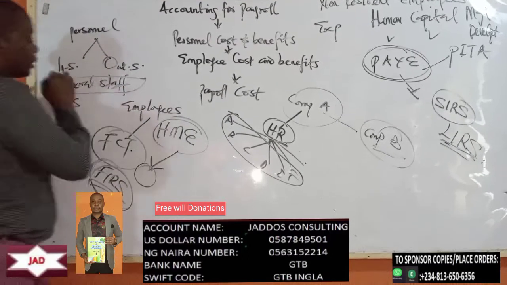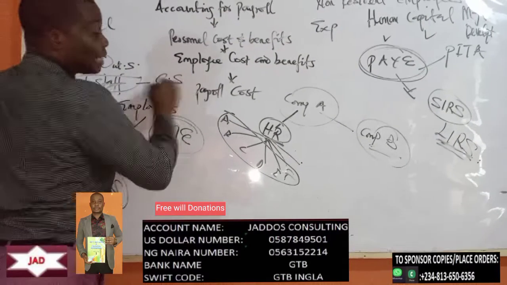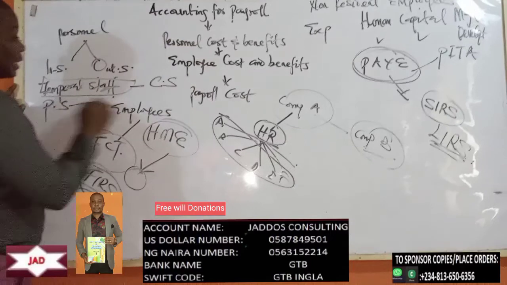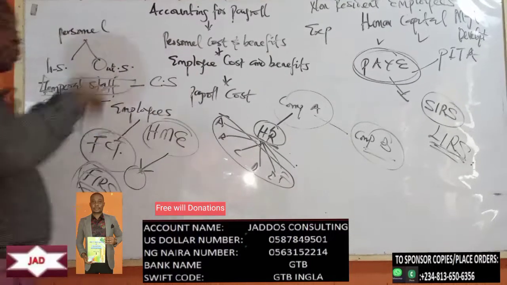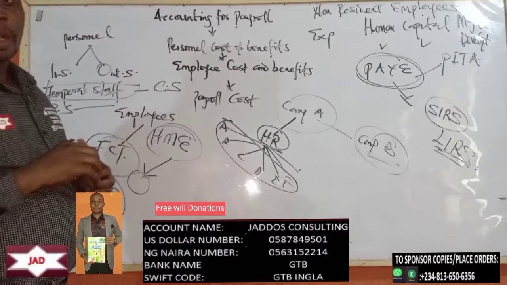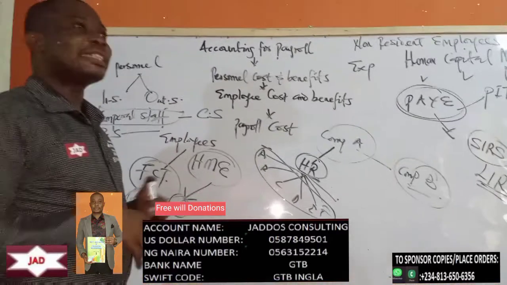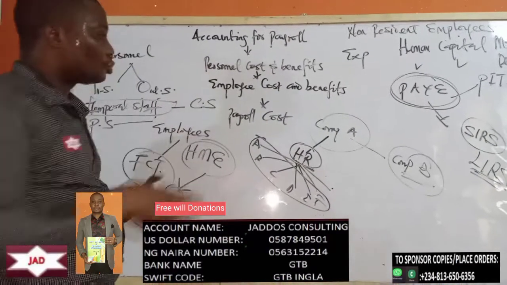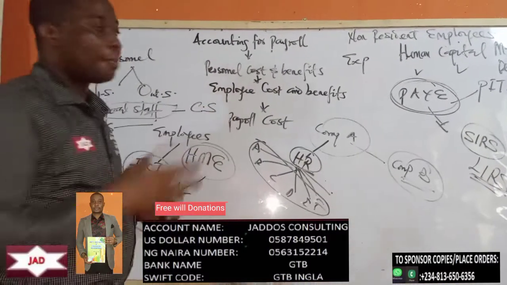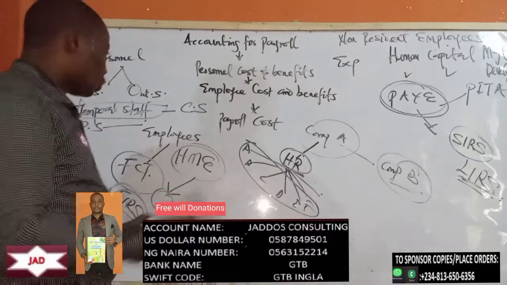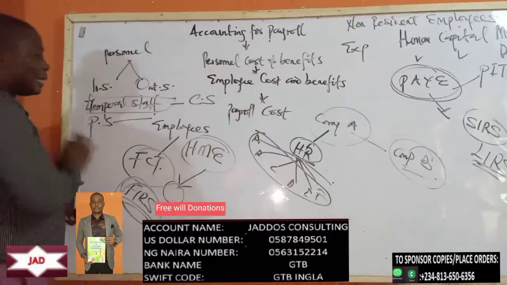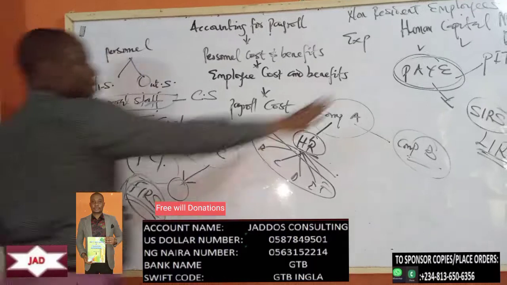Temporal staffs are usually referred to as contract staffs. Okay, and then permanent staffs are those staff that are in the employment of the organization. So, but there's been an argument as regarding if contract staffs are to remit pay as you earn or not. Now, the issue of permanent staff has been resolved. They are to remit pay as you earn.